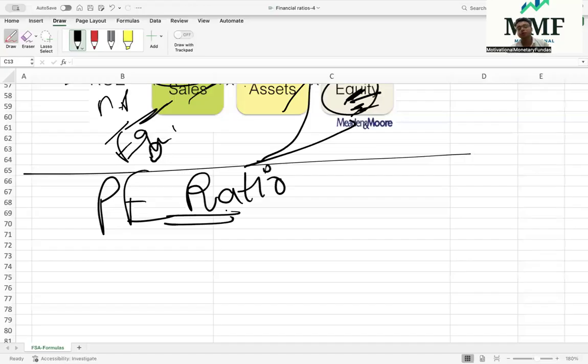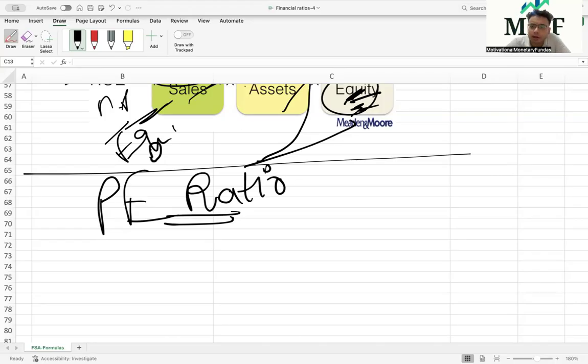Very important ratio in the field of valuation. Anybody who's talking about the price to earning or about valuation starts the discussion with the price to earning, right? You learn all these things in the financial modeling session also, once we do such things practically while creating a financial model. So this PE ratio is something which is very important.